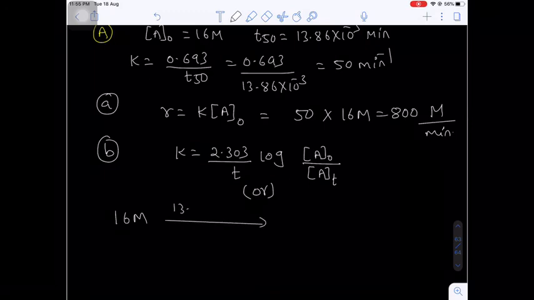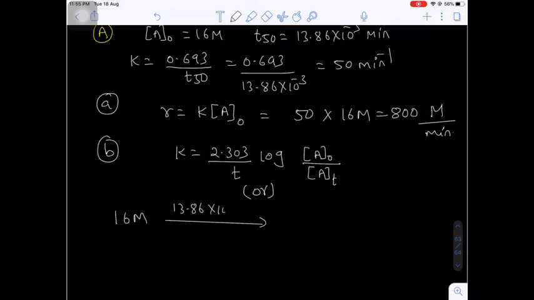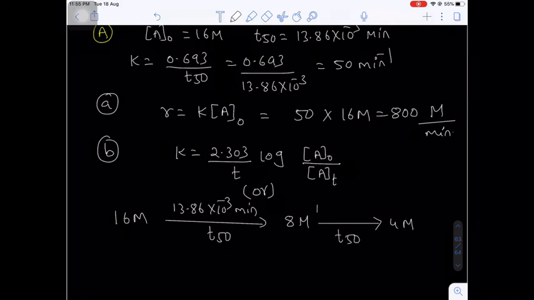That will be equal to 13.86 into 10 raised to minus 3 minutes. This is the T50, the time taken for 50% of the reaction to get completed. So out of the 16 molar, 50% will be 8 molar. Now if you observe, from 8 molar, if one more 50% of the reaction gets consumed, the further time will again be 13.86 into 10 raised to minus 3 minutes.